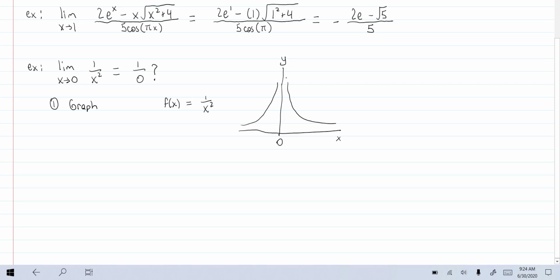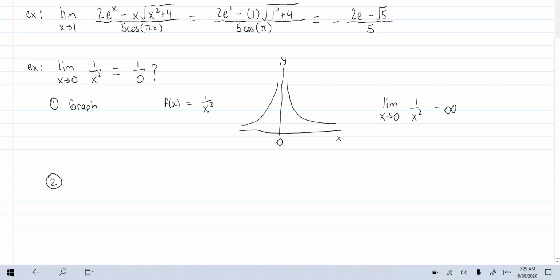So hence, based off the graph, we could conclude that the limit as x approaches 0 of 1 over x squared is infinity. Okay, so that's one thing that you can try to do to get some idea as to what the limit is equal to.